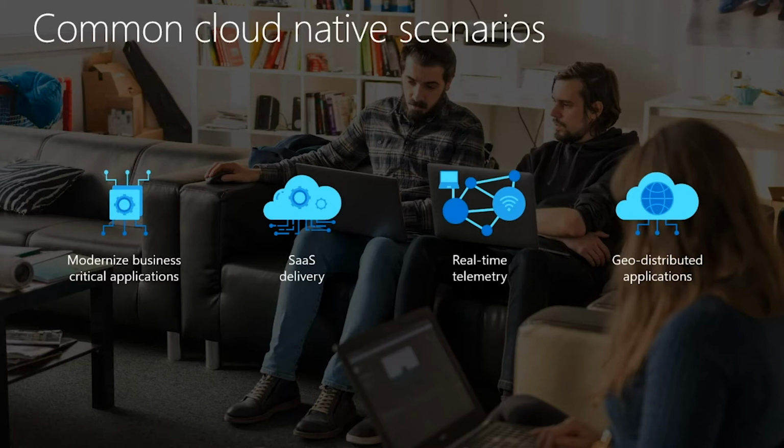And the fourth is applications serving geographically distributed users. If you have users coming from different parts of the world and you want to serve them in a better way, you can leverage cloud native to provide services to your end customers.